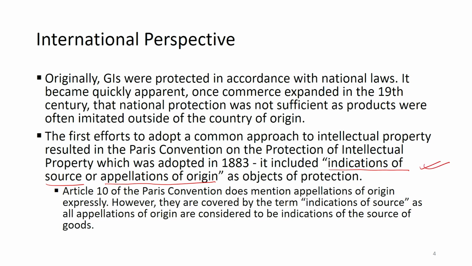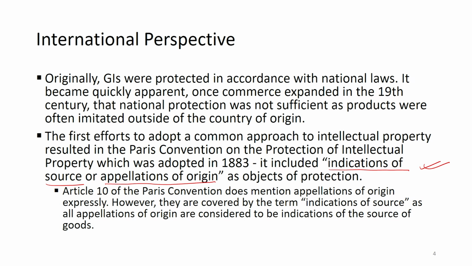So, we did not talk about geographical indications as geographical indications. We talked about GI as indications of source, those words which indicate the source of goods, or appellations of origin. These were the subject of protection. Now, you see, Article 10 of the Paris Convention does mention appellations of origin expressly.